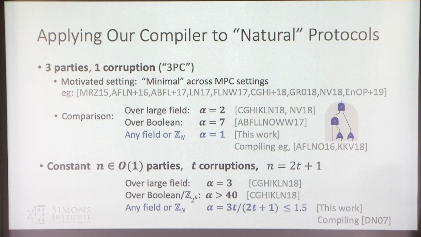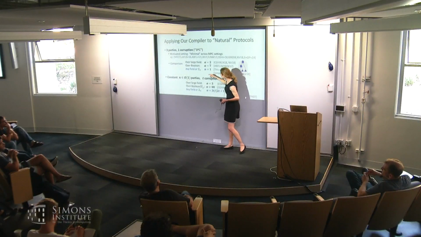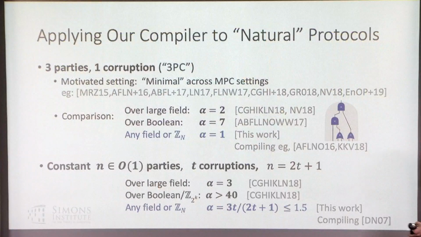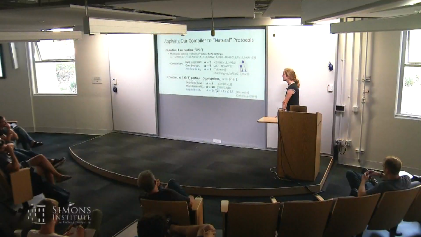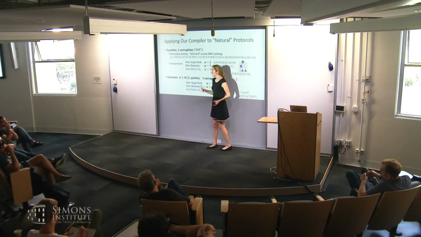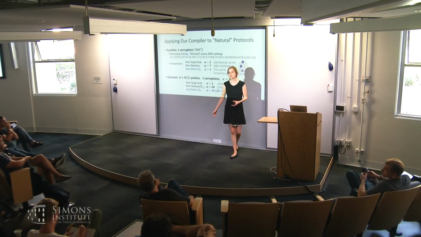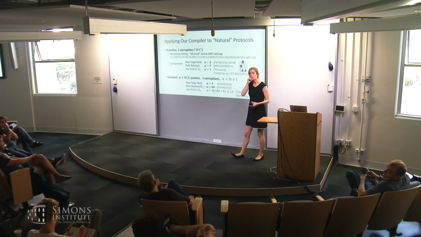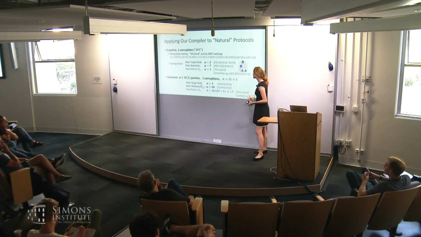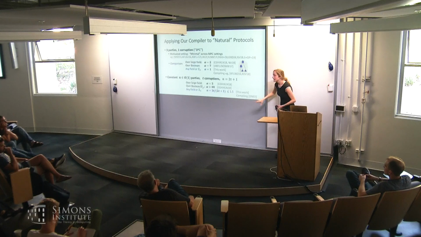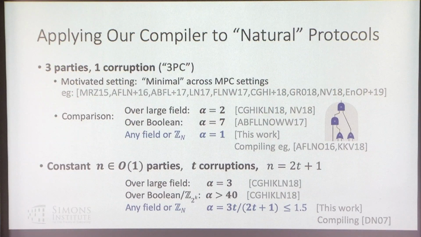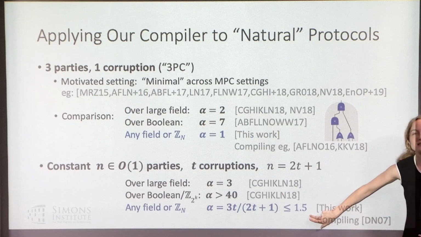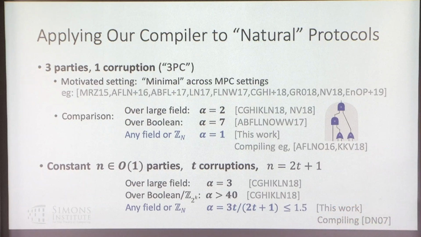Where does n show up? The capital N here, or little n? Little n. So it's not in the alpha, because you're writing an explicit expression. Remember that alpha is the number of elements per party per gate. Where do you need to assume that n is constant? Ah, good. I'm not going to be able to go into it fully. The base protocol is the Damgaard-Nielsen protocol, and there, in order to get even the semi-honest version down to 1.5, you have to do some tricks, like a bunch of the secret shares you send out are actually generated by a pseudorandom generator.